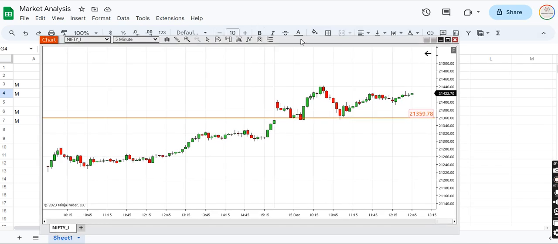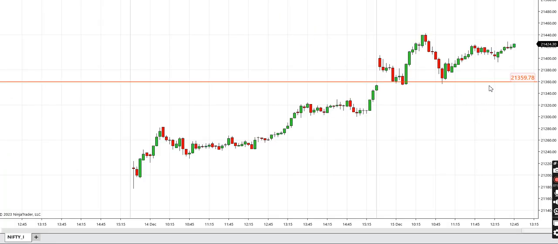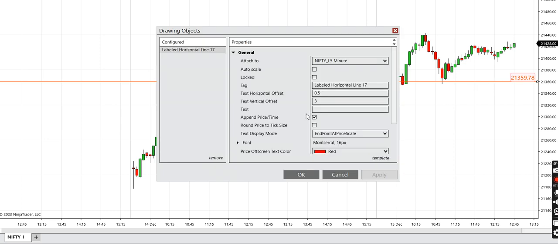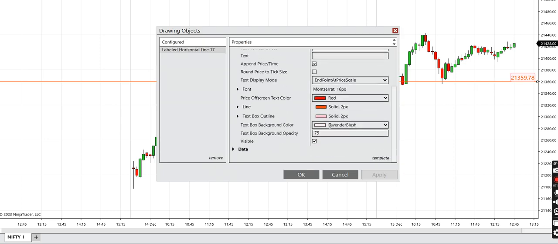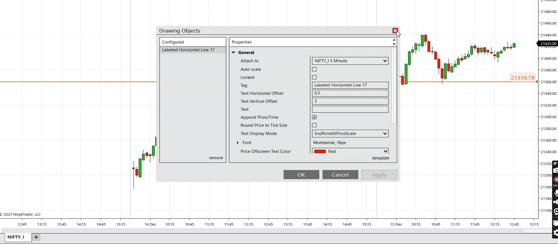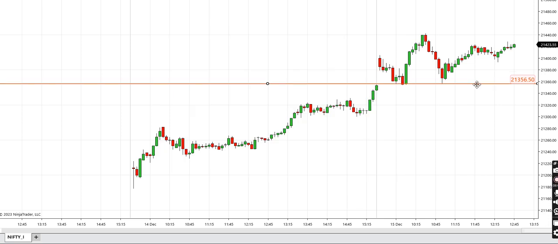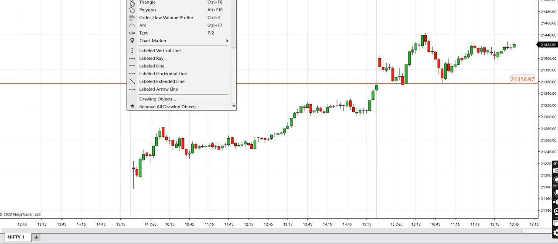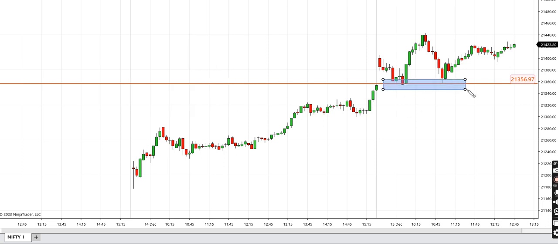Okay, so here is the chart of Nifty 50, and we arrived at a level of 21358. So I'm going to change the level to 358, and now you see how the market has respected this particular level. That is the motto of this kind of video.